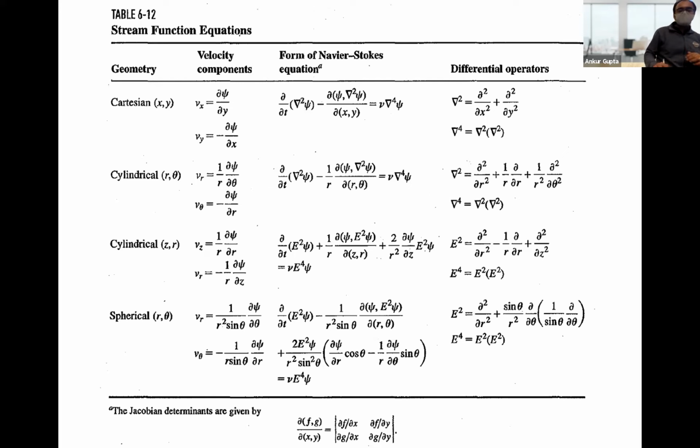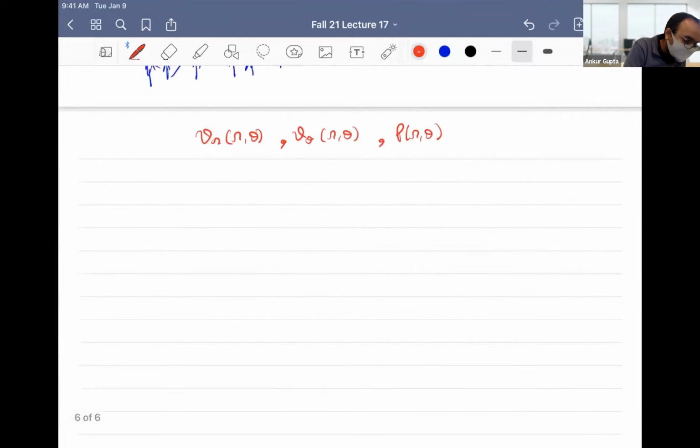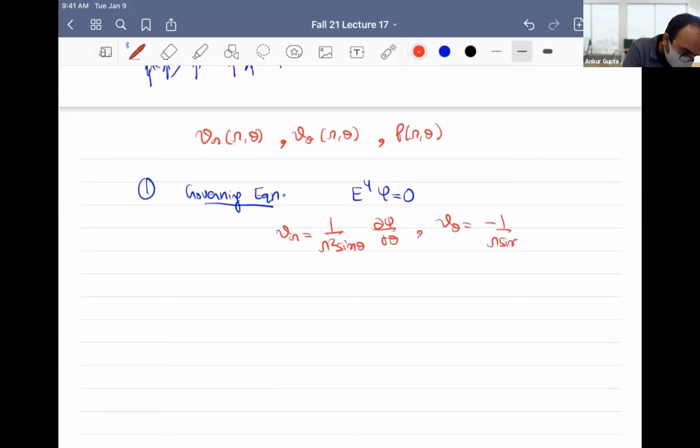Let's just copy this value of the table in the notes. So we have the v r definition. So the governing equation is E to the fourth psi equals 0. Then we have v r equals 1 by r squared sine theta del psi by del theta, and v theta is minus 1 by r sine theta del psi by del r.